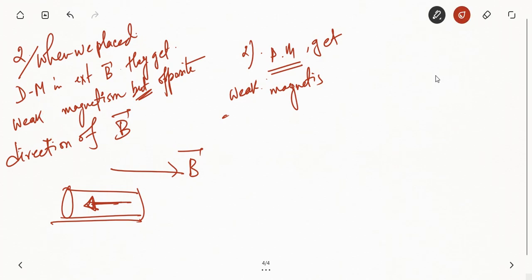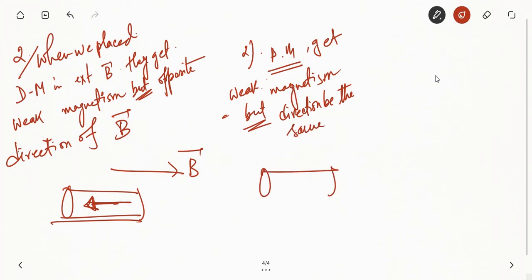There is a weak magnetism, but the direction is the same. So the material here has magnetism in that direction. Obviously, both are in the same direction.